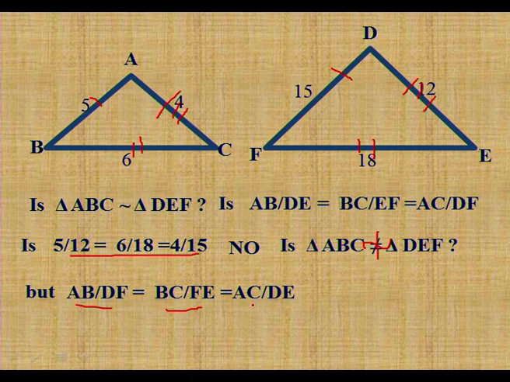AC by DE is equal to what? 3. Therefore, triangle ABC is similar to DFE. In the previous example, I took proportional sides, and in the next example, to show the representation of similarity, I took the angles as the parameter.